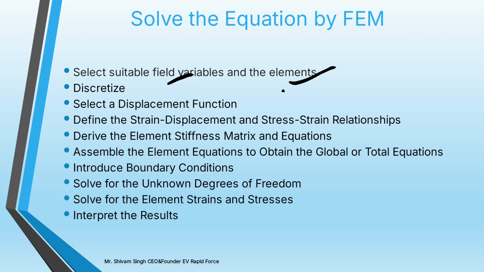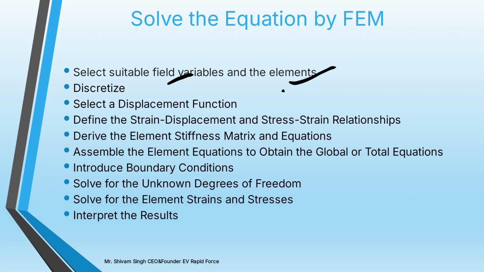After making the global stiffness matrix, we apply the boundary conditions, like where there is a fixed support, where there is a free support, and the different kinds of loading.